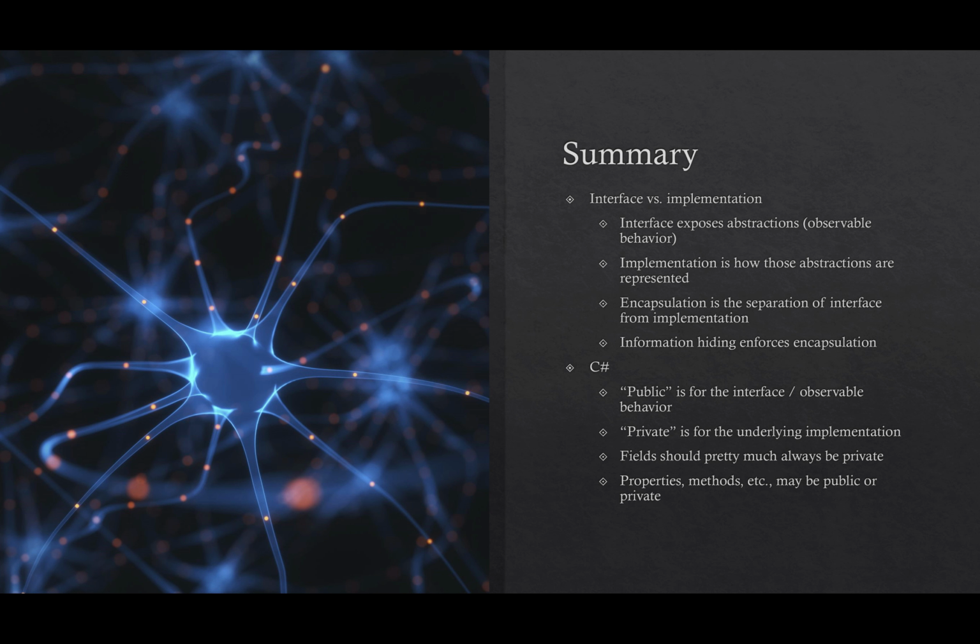Each chunk of code, each object, each class, etc., has its own internal details, but it also has an interface, which is the set of abstractions that the user of that code needs to worry about, needs to understand. So the interface exposes the observable behavior of the class, the stuff that's visible to the user of the class, and it should be clear and well-defined and not unnecessarily complicated.